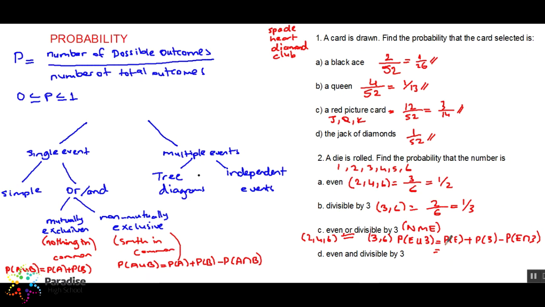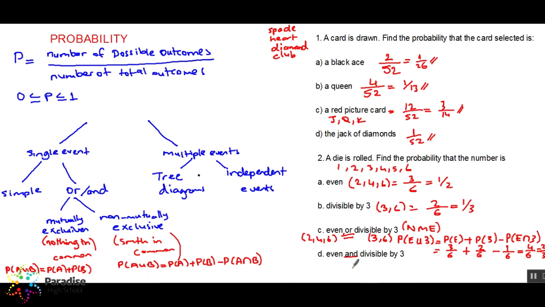It is 3 over 6. What is the probability of divisible by 3? It is 2 over 6. And what is the probability of getting in common? That is 6, because 6 is even as well as divisible by 3. So that's going to be 1 over 6. So the result will be 3 plus 2, 5, minus 1, 4 over 6. Simplify that, it is going to be 2 over 3. That's the final answer.